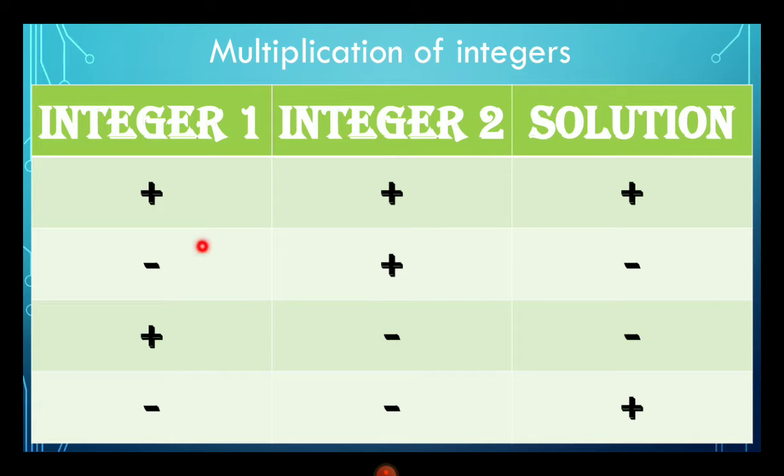So one negative integer and a positive integer will always result in a negative integer. But you know what? The multiplication of integers is the same as whole numbers and natural numbers, but the sign differs.